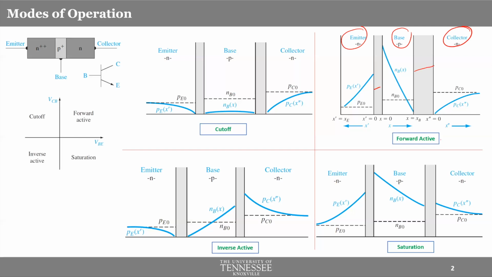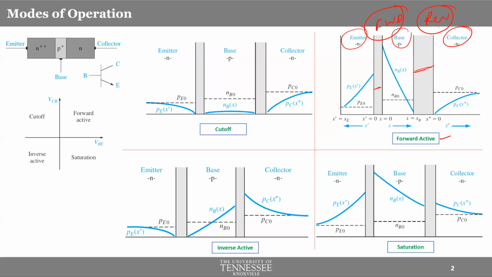And remember, in a forward active mode, the emitter-base junction will be forward biased and the base-collector junction will be reverse biased. So I'm just writing it down here. Because of the reverse biasing, you see the base-collector junction is wider compared to the base-emitter junction. Okay. And there is an even more prominent signature of forward and reverse biasing, and that's exactly what we are going to talk about now.